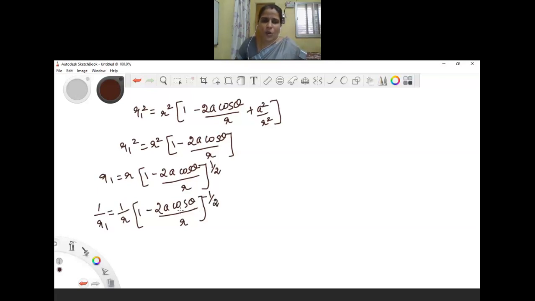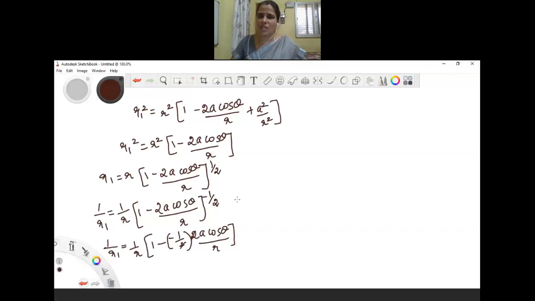Now we are going to apply the binomial theorem here. So when we apply the binomial theorem, this equation can be written as 1 by R1 is equal to 1 by R, and this minus half will be inside the bracket now, according to the binomial theorem. So this 2 and this 2 both get cancelled.